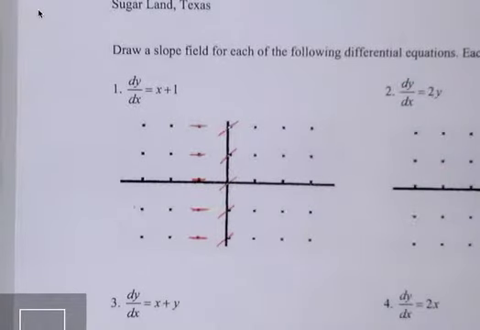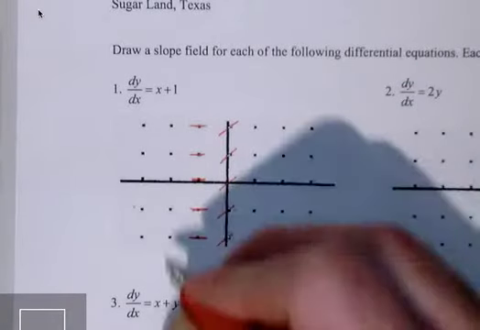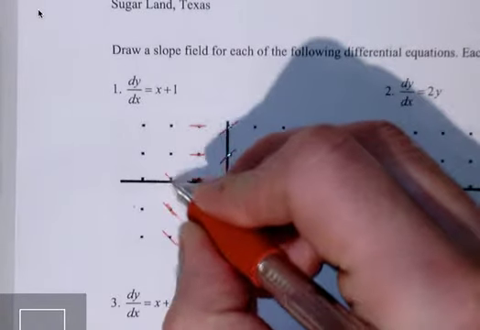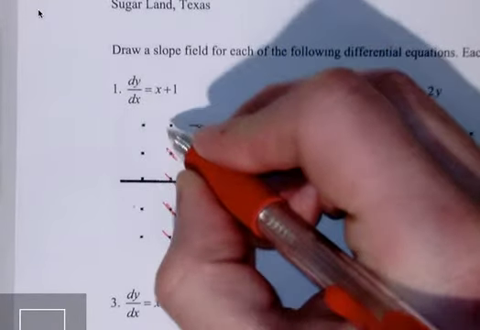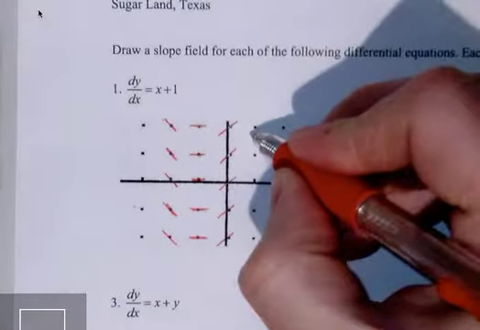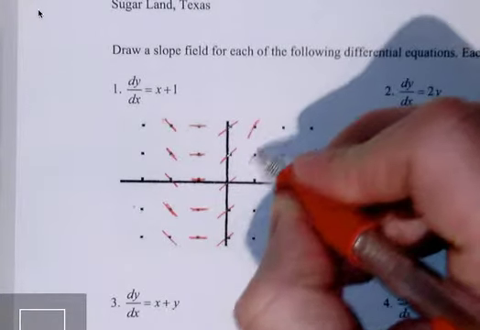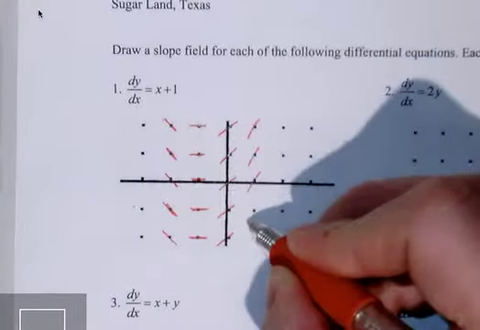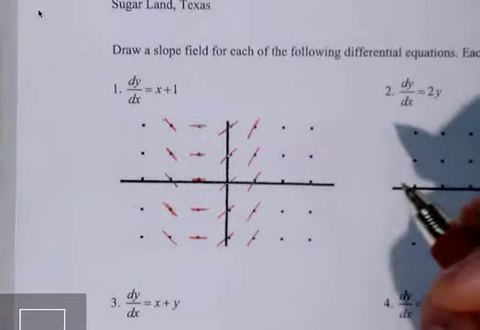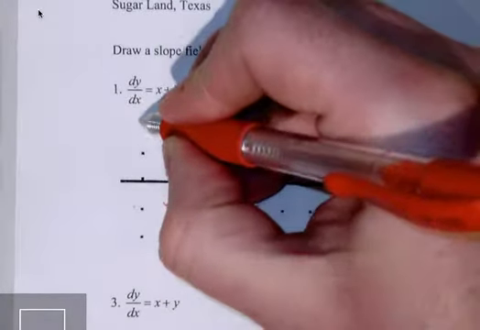When x is equal to -2, I'm going to get a slope of -1. When x is equal to 1, I'm going to get a slope of 2. And when x is equal to -3, I'm going to get a slope of -2.